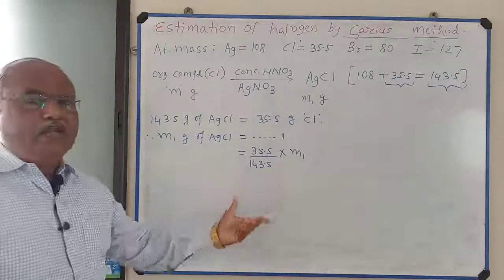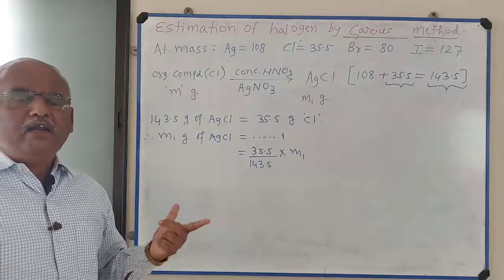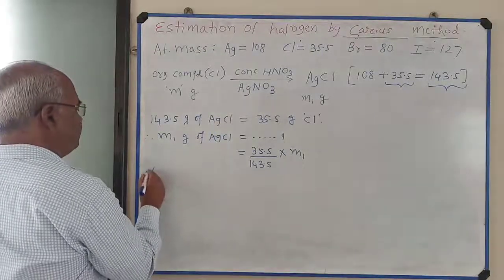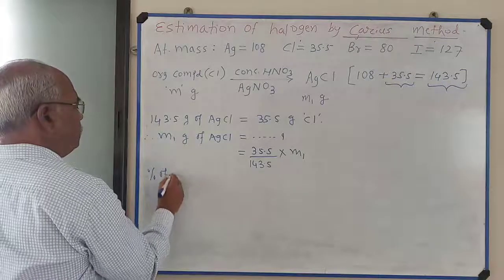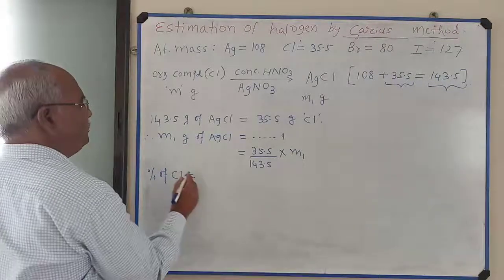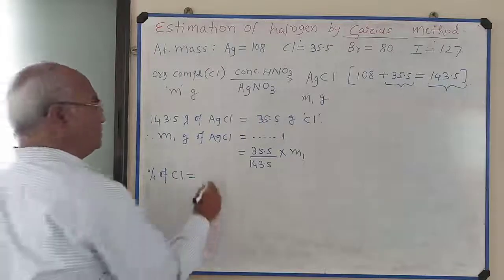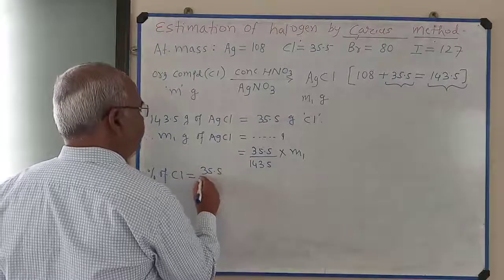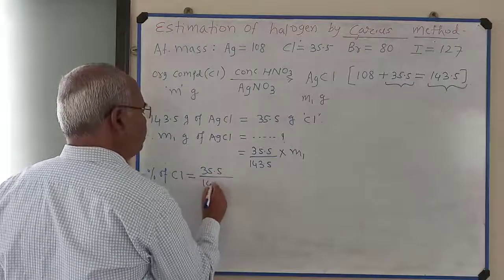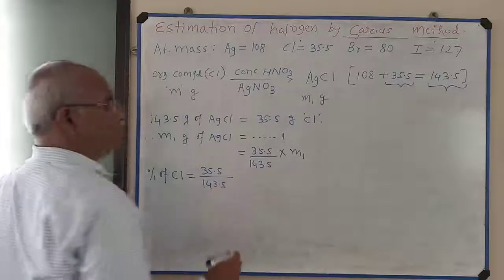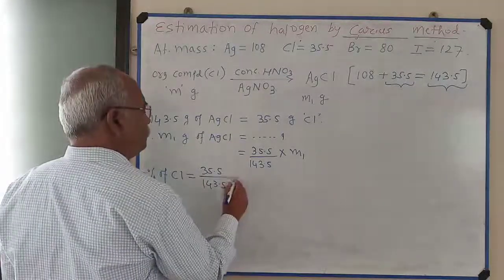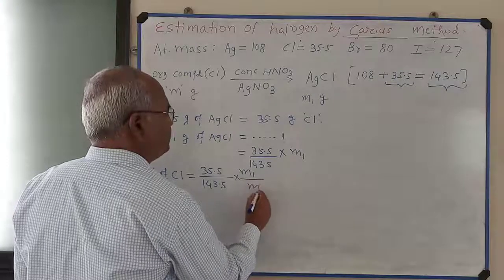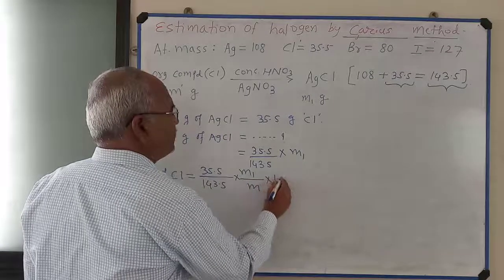So we can calculate for 100 gram of compound. So I write the formula: percentage of Cl is equal to 35.5 divided by 143.5 into m1 divided by m into 100.